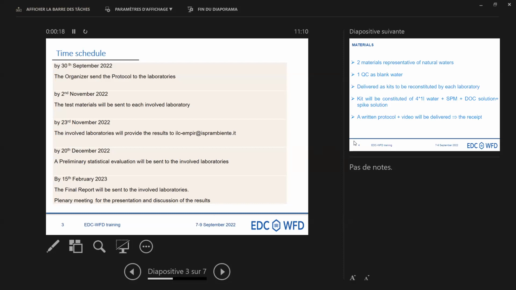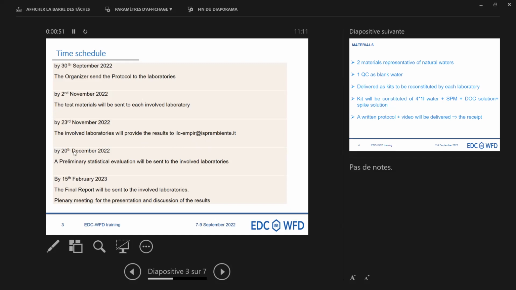So I go back. Here is the time schedule of this interlaboratory comparison. By the 30th of September, we will deliver to you some protocols to be implemented at your lab. By 2nd of November, we will dispatch test material to each laboratory that has expressed its interest. You will have 3 weeks to make the measurements and provide the results to a specific address that has been created by ISPRA colleagues, who are in charge of the organization of this interlaboratory comparison.